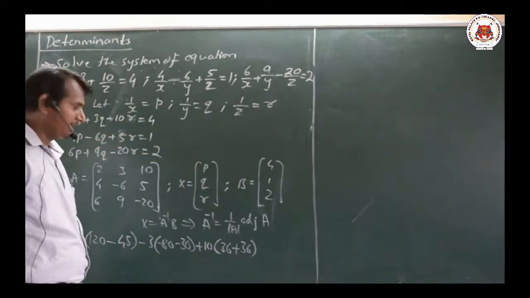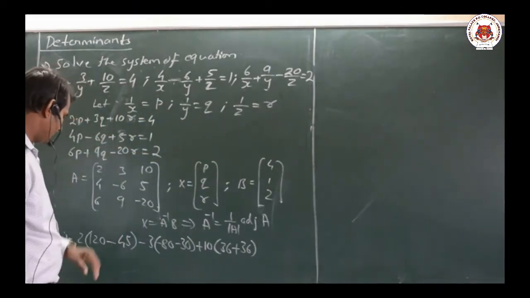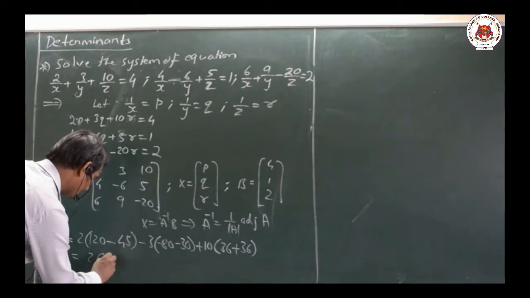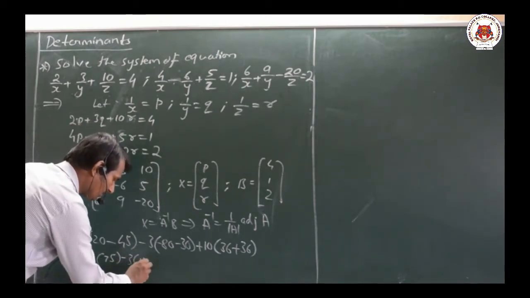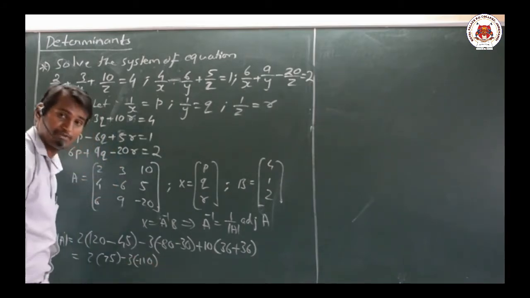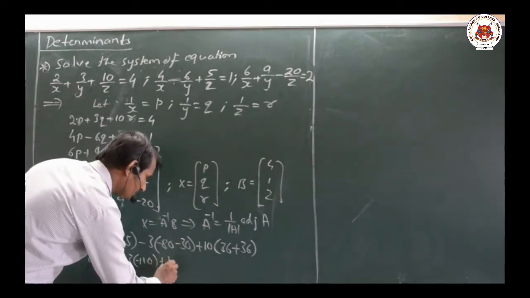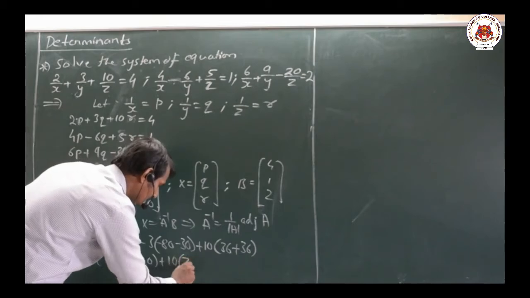Next we multiply it: 2 into 75, minus 3 into minus 110, and at last plus 10 into 72.